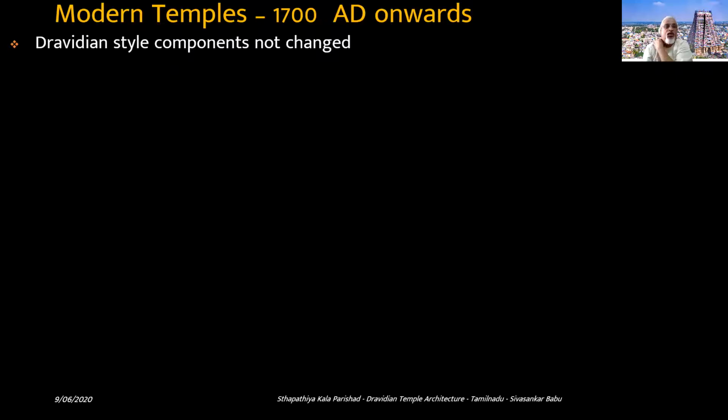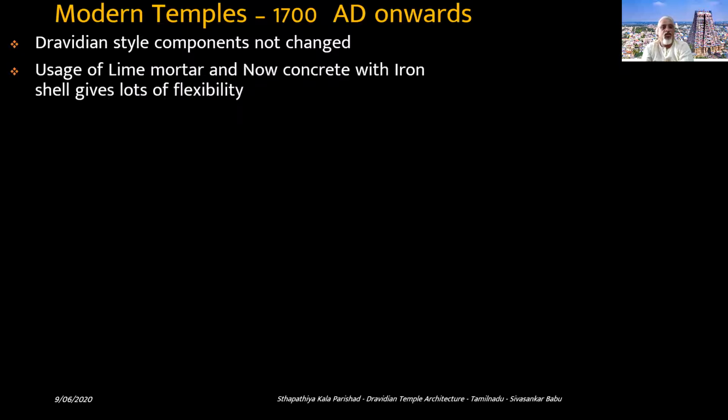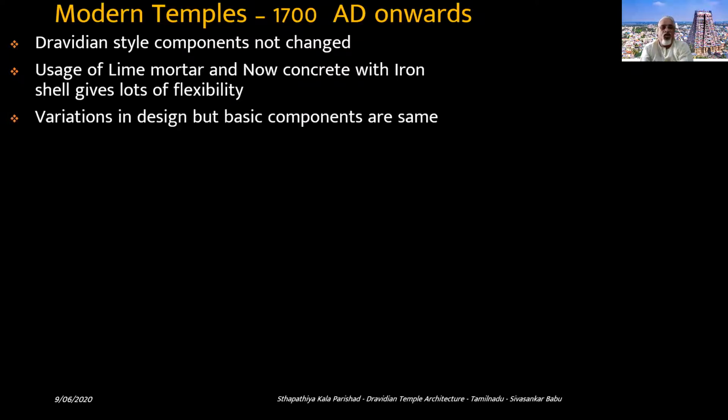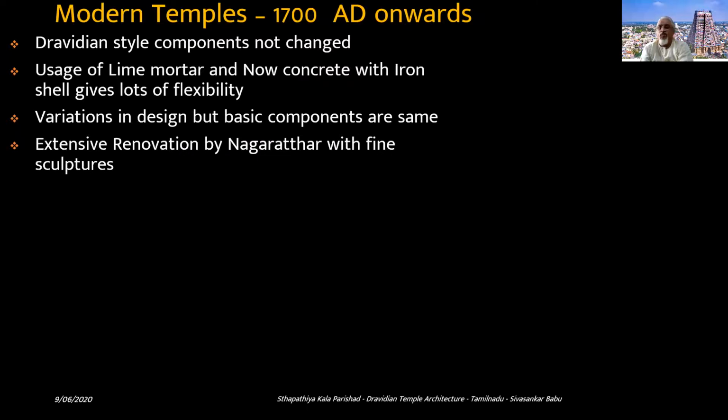We are happy to see that the Dravidian style has not changed much, but instead of lime mortar, it is concrete and iron, flexible, very easy to build temples. But happy to see that even the small temples are built as per the agamas, and the basic components are rigidly followed.